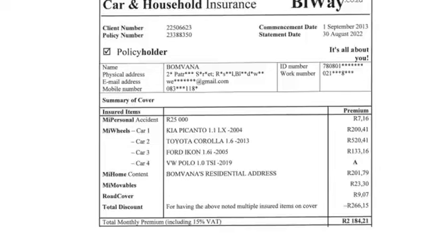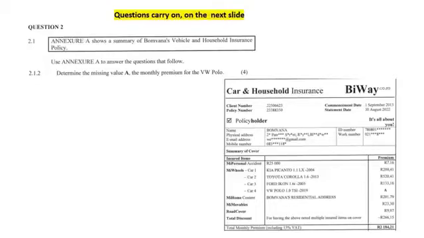2184,21. So we know that if you take the 7 Rand and 16 cents, let's write it up here, and you add that to the 200,41, and you add that to the 520,41, and you add that to the next number, which is 133,16.